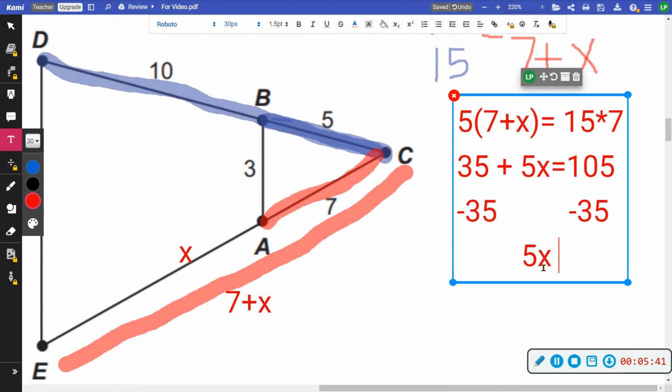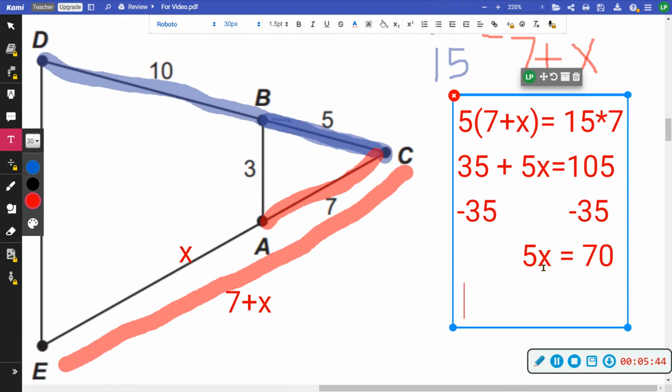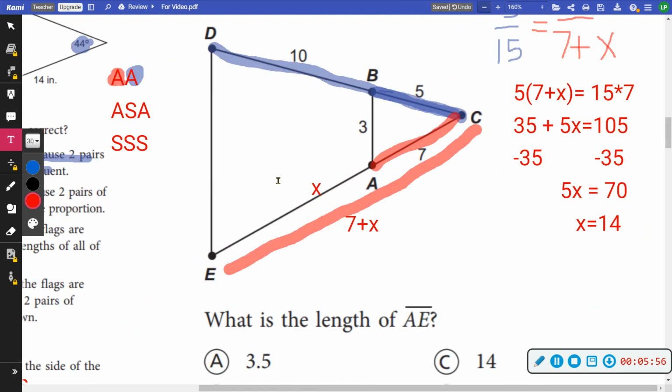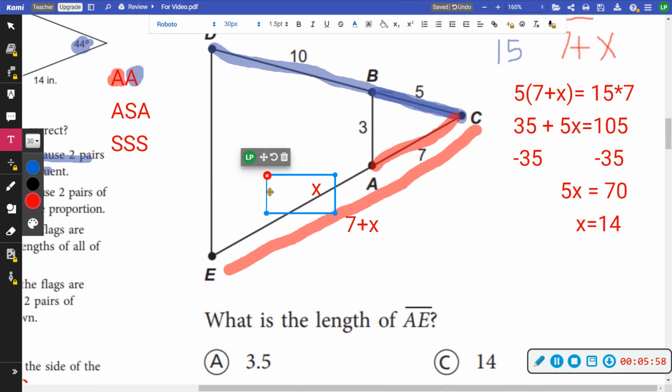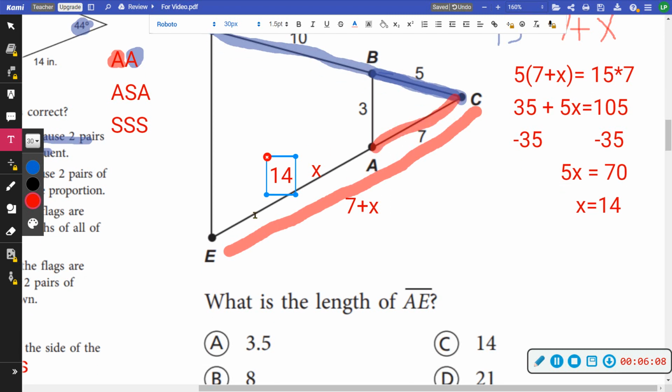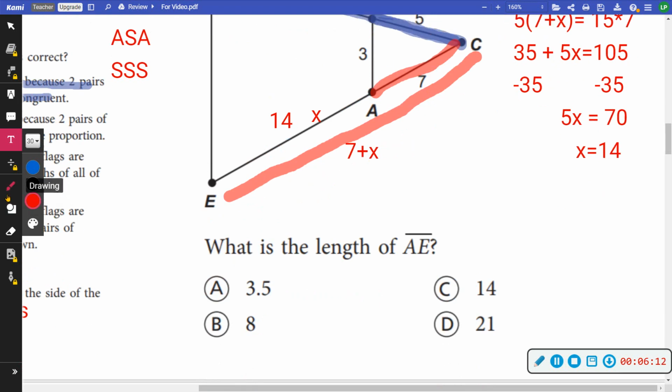Now you got 5x is 70. Divide 70 by 5, and I get 14. So I just found that this x is 14. But they want AE, not the whole thing. So they just want x. So what is AE? We just found that that is 14. So the answer would be 14.